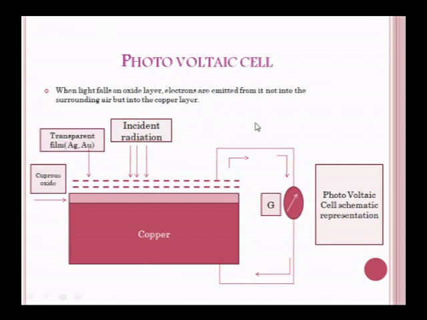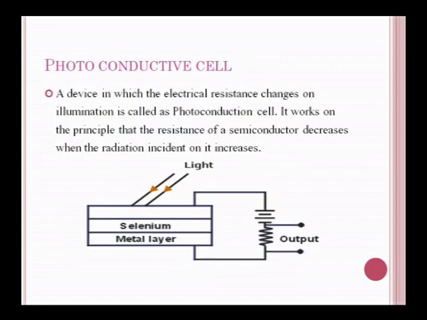You might have seen this kind of cells used in emergency lights, where big solar panels are used, even at remote places where electricity is not available, these cells are being used for the lighting systems. And the next type is called the photoconductive cell.